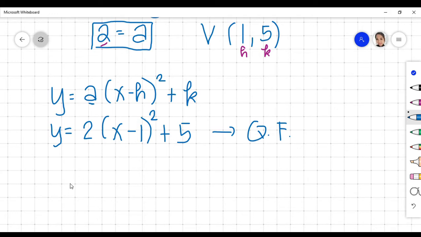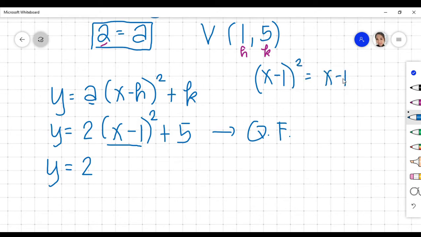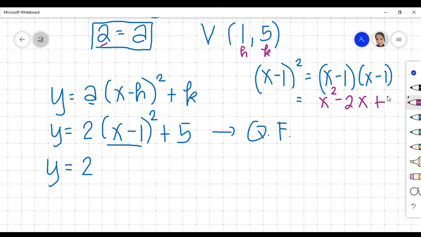So, we will rewrite it into the standard form. So, what we will do, copy Y equals 2, and then this is a square of a binomial. So, we know that X minus 1 squared, that's equivalent to X minus 1 times X minus 1. So, if we multiply that, that becomes X squared minus 2X plus 1.